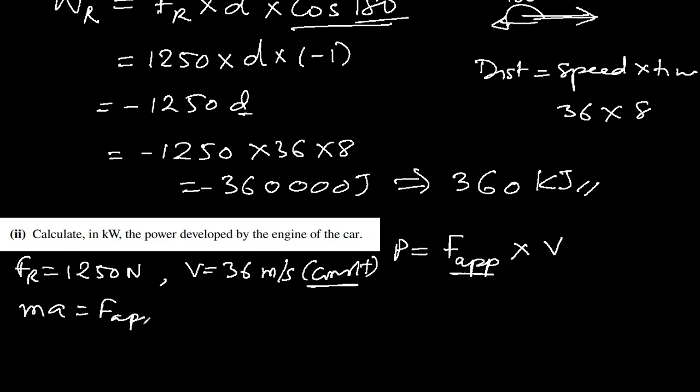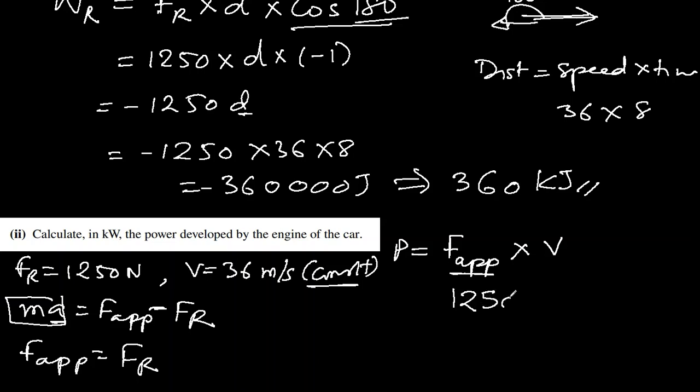Constant means that there is no acceleration. We know that ma is the applied force minus the resistive force. Since there is no acceleration, the net force is 0. In that case, the applied force becomes equal to the resistive force, that's why the difference is 0. So the applied force is the same as the resistive force, 1250, and the speed is already known, 36 meters per second.